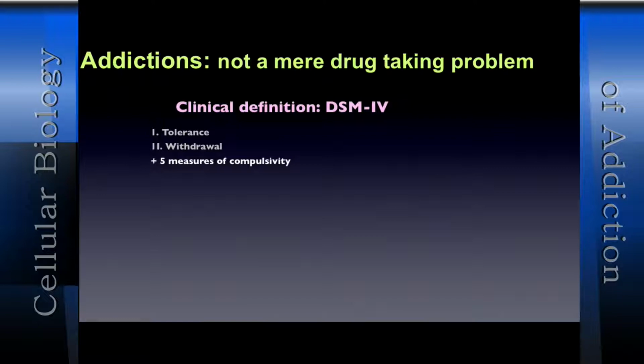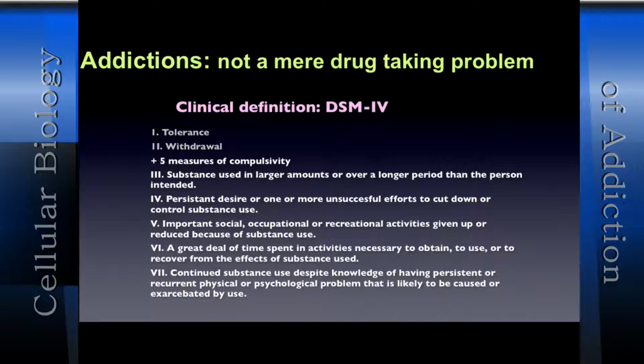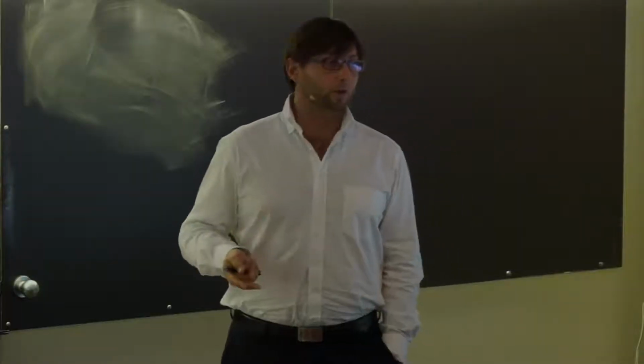And in 1994, in the DSM-4, appeared the criteria that are now common to us, which are substance used in larger amounts or over a longer period than intended, persistent desire or one or more unsuccessful efforts to cut down or control substance use, important social, occupational, or recreational activities given up or reduced because of substance use, a great deal of time spent in activities necessary to obtain, to use, or to recover from the effects of substance use, and most importantly, continued substance use despite awareness of the adverse consequences of use.